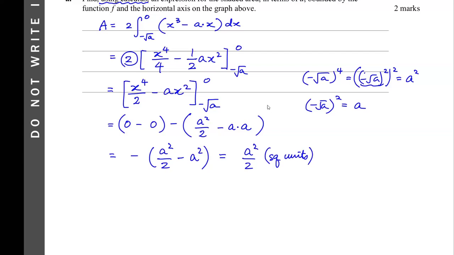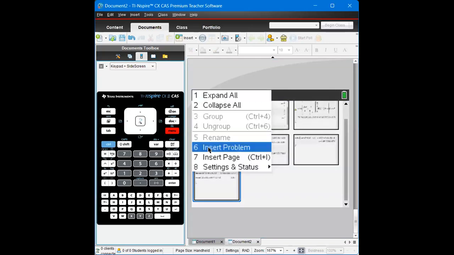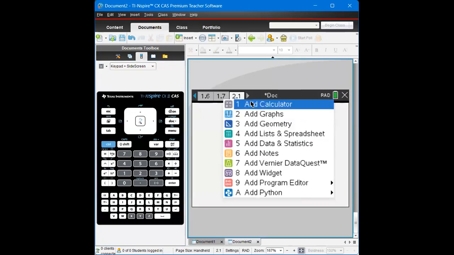Okay, let's just check with our CAS calculator whether our answer is correct. So we can actually insert another problem.